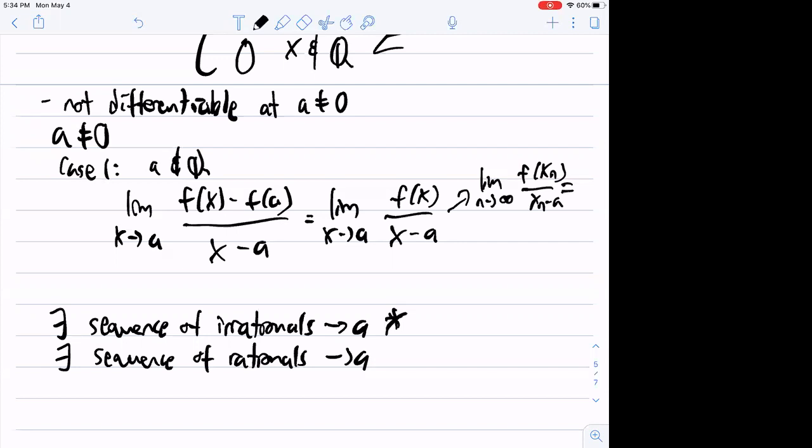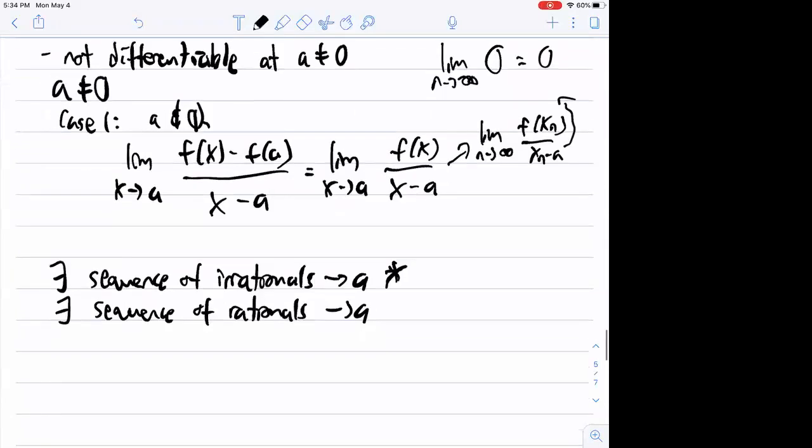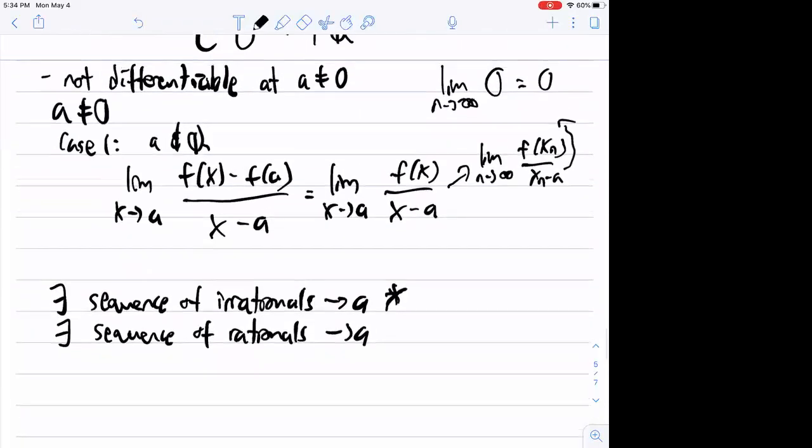So this is just the limit as n goes to infinity of 0, because f of xn is just 0. So this limit is 0, because I'm in the case where my sequence is of irrationals.